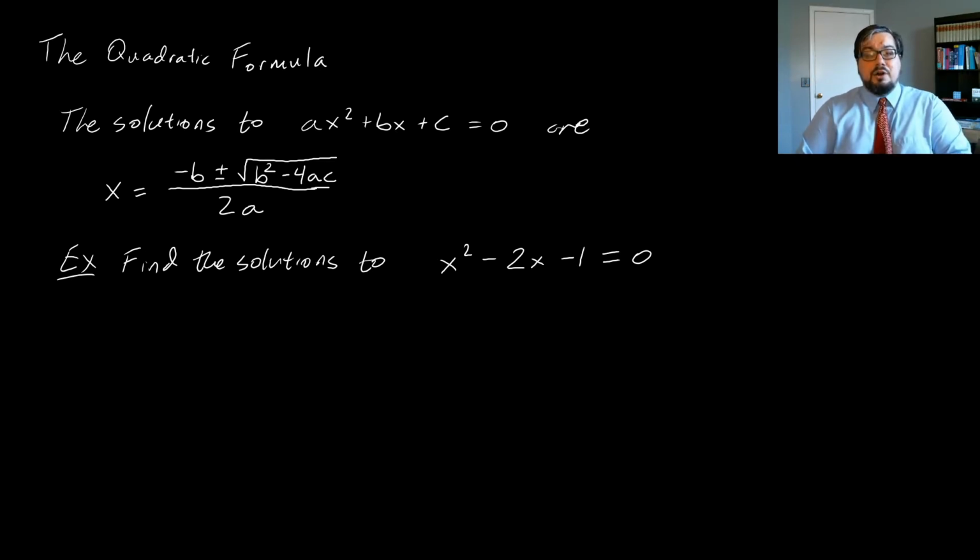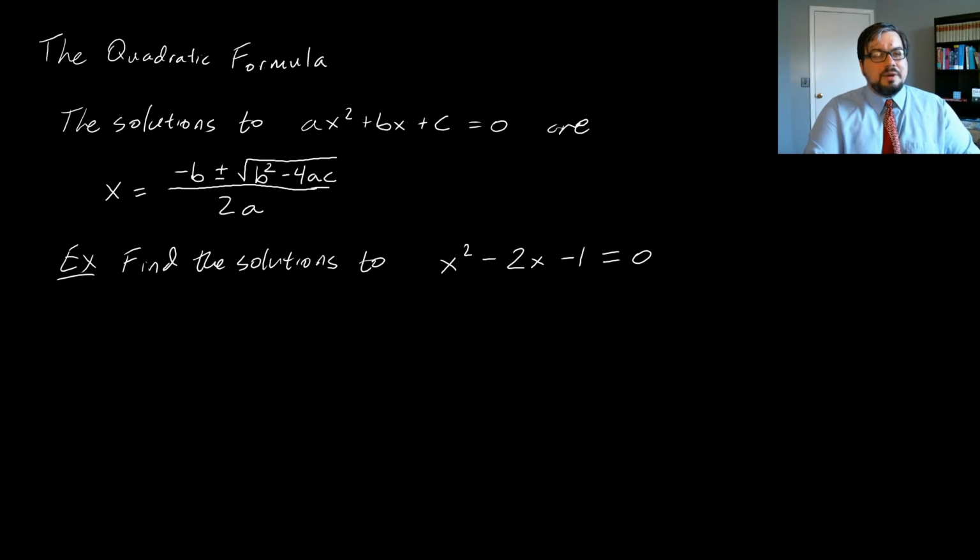There are no integers, anyway, whose product is negative 1 and whose sum is negative 2. And so we're not going to be able to factor this in the way that we did the problems in the previous section, and we're going to need something else. Well, here's where the quadratic formula can help us.